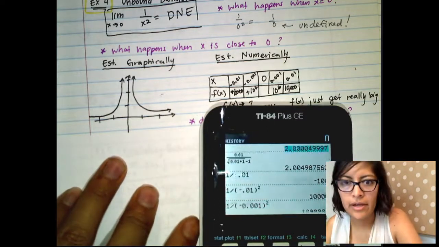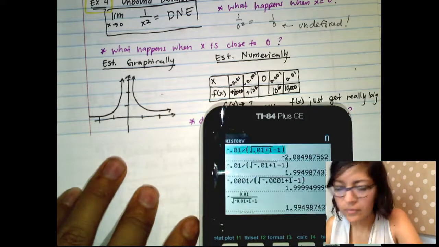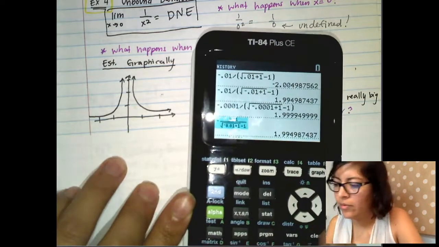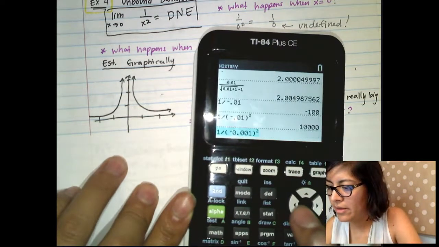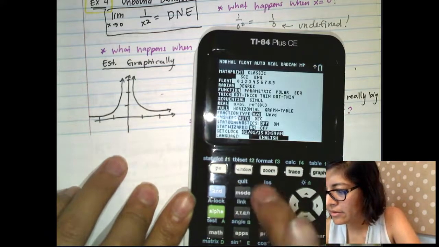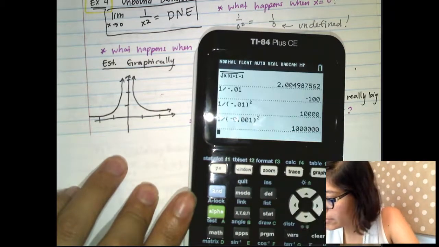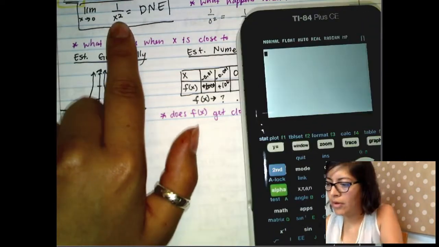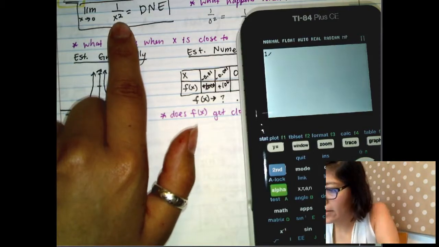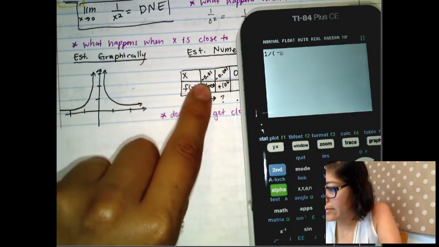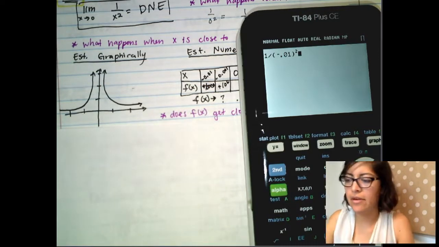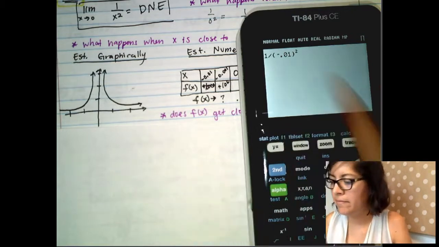Okay, so if we were to plug into our calculators, 1 over, let me type it in again. Alright, so if we type into our calculators 1 over negative 0.01 squared, make sure that there are parentheses around the negative 0.01.